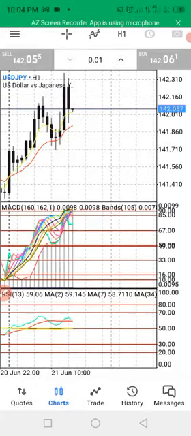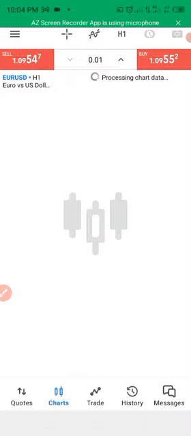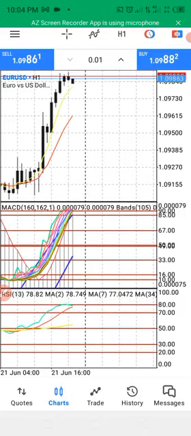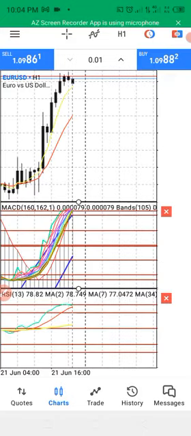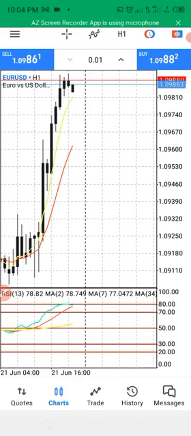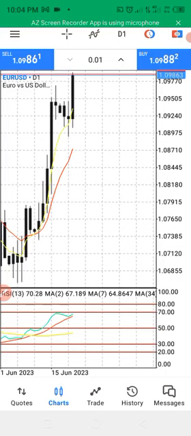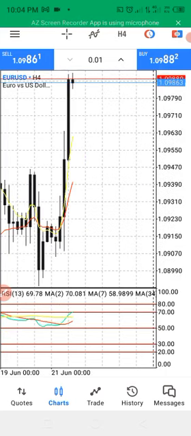So let's check gold. Nice. So what do I do now? I open my chart. Now look at it. Daily, strong buy.